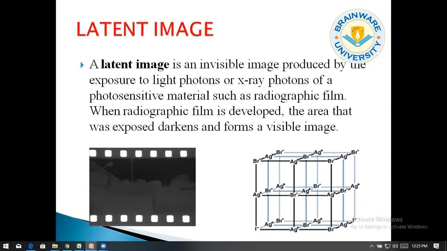Radiation interacts with the silver halide crystal mainly by photoelectric interaction and Compton scattering.